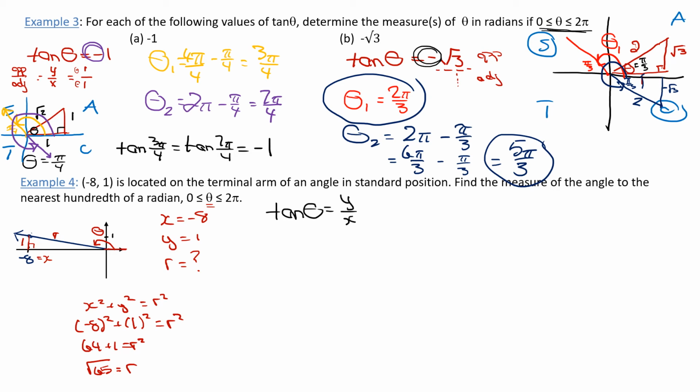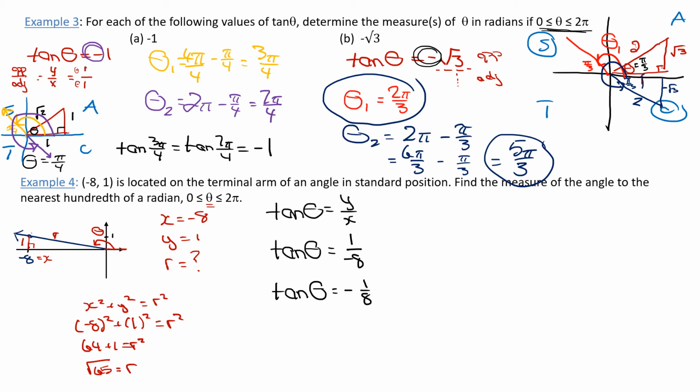So we've got tan theta equals 1 over negative 8, or we're just going to move that negative up because we shouldn't have the negative in the denominator. You can put it in the middle, or you can put it on the numerator, negative 1/8.